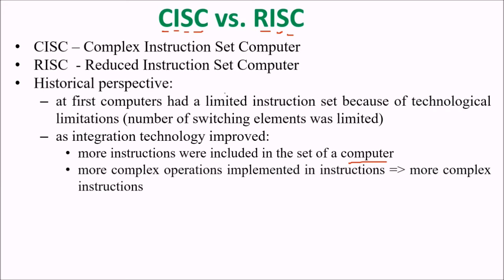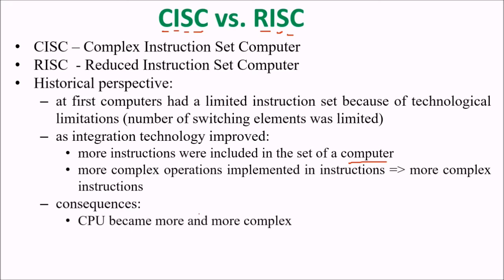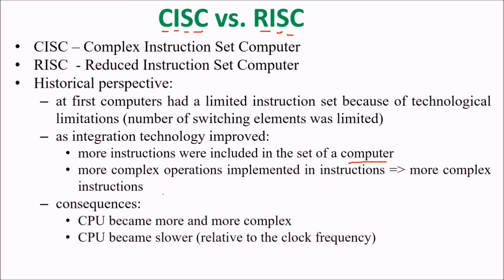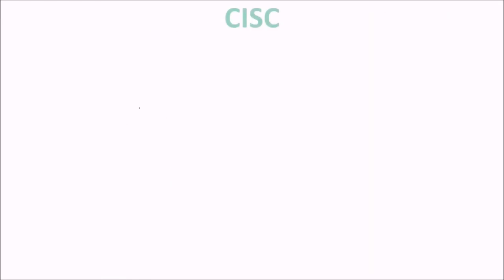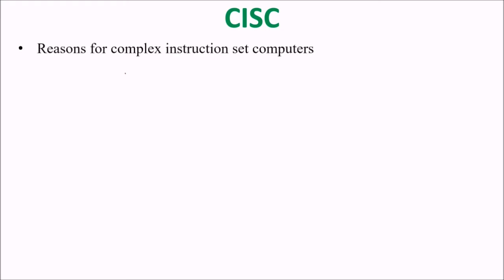So the consequences were that the CPU became more and more complex, and the CPU then became slower because of the number of clock periods per instruction relative to the clock frequency. So higher CPI but limited clock frequency. This is the reason for complex instruction set computers.